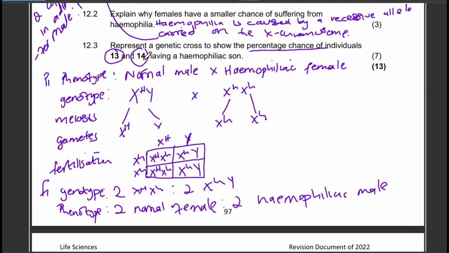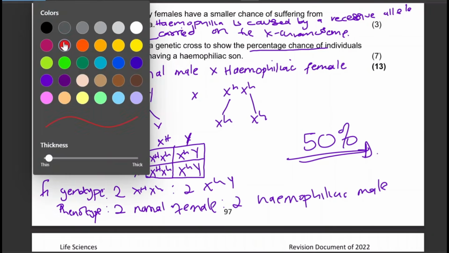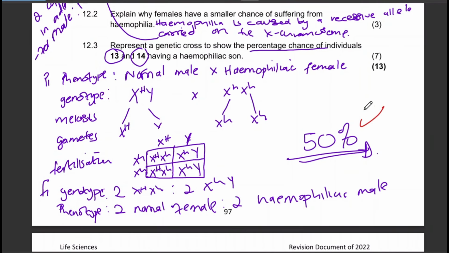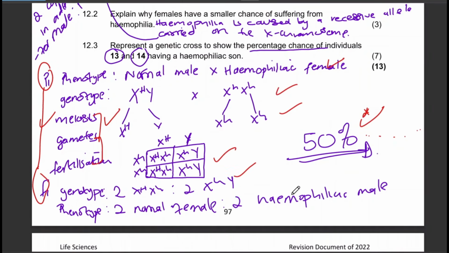Percentage chance of individuals 13 and 14 having a hemophilic son. Percentage chance will be 50%. All right. How will this be marked? For 7 marks. It's normally 6 marks, but anyways, 50% will get the compulsory mark. Actually, you need to write it in full: 50% chance of them having a hemophilic son. Then a mark for P1, F1, a mark for meiosis, gametes, fertilization, a mark for correct alleles.